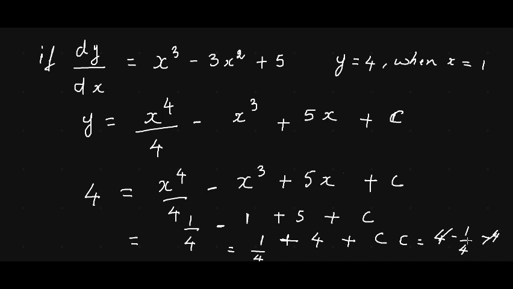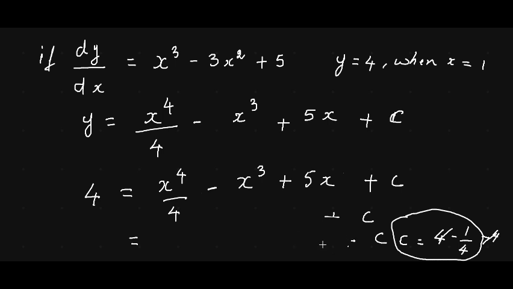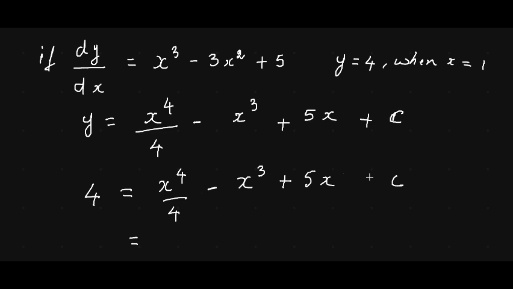So 4 and 4 cancel out. So c is minus 1 by 4. That was my calculation mistake. So the way I calculated the x cubed plus 5x, substituting x, was wrong. So c is minus 1 by 4, okay? So I'm going to take that c off, and I'm going to say that is minus 1 by 4.